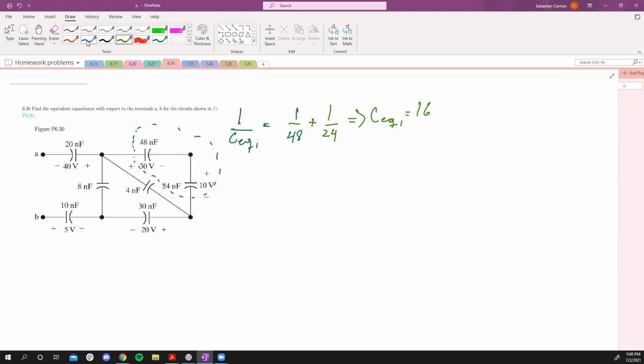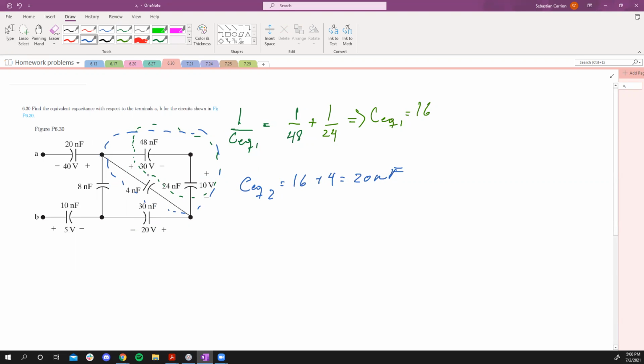Okay, and then I'm going to move on to here. So these are in parallel, so we can say equivalent 2 is 16 plus 4, which is 20 nanofarad.